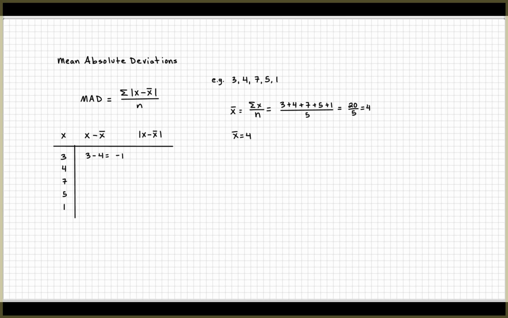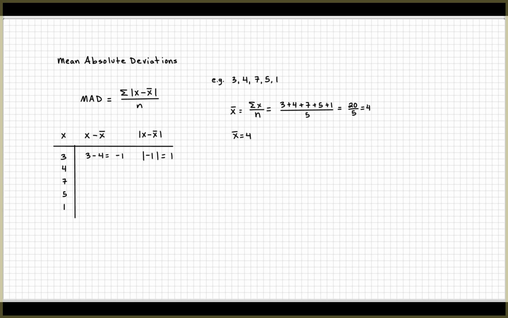Okay, so the next thing you want to do, now that you have that value, negative 1, in your mind, let's move over to the next column. And so in this case, we're going to take negative 1 and put the absolute value on it, okay? Because this is the operation that we want to do, take the absolute value of the x take away x bar. So the absolute value of negative 1 is going to be 1, okay?